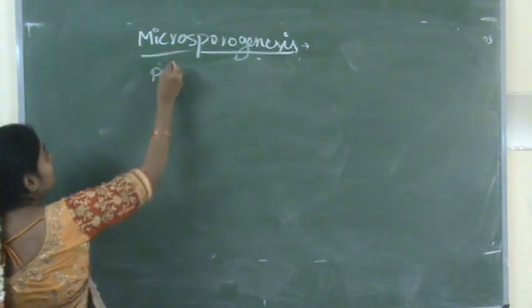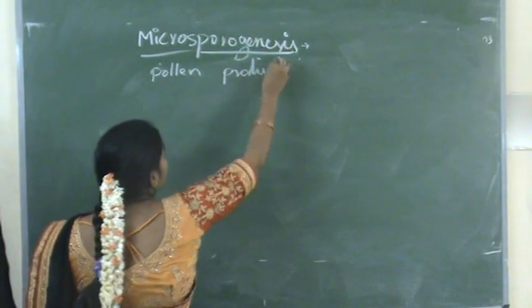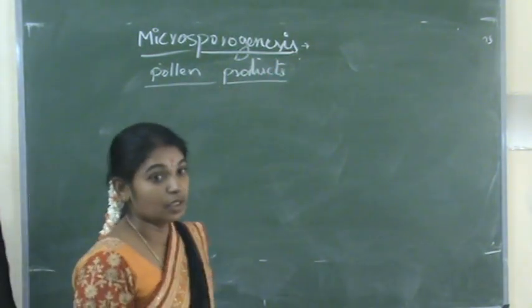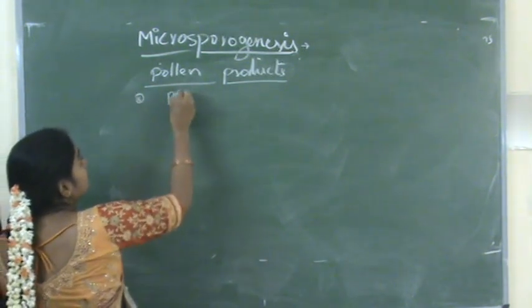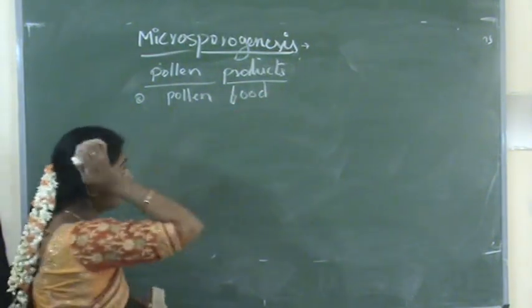Now some pollen products, which are generally used in the commercial way. So those are pollen food products.